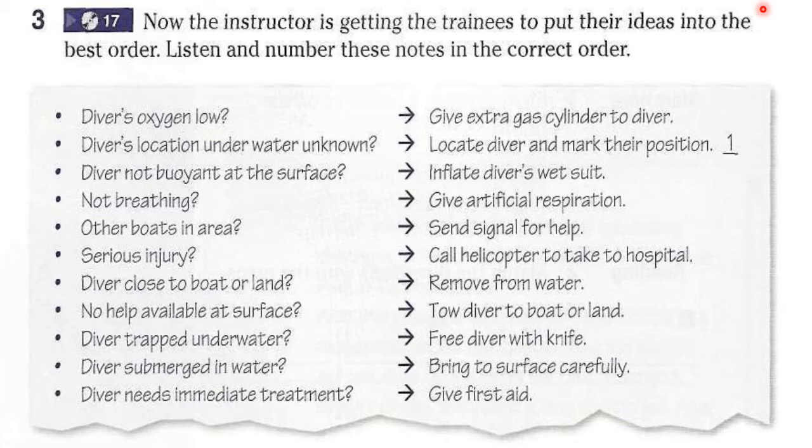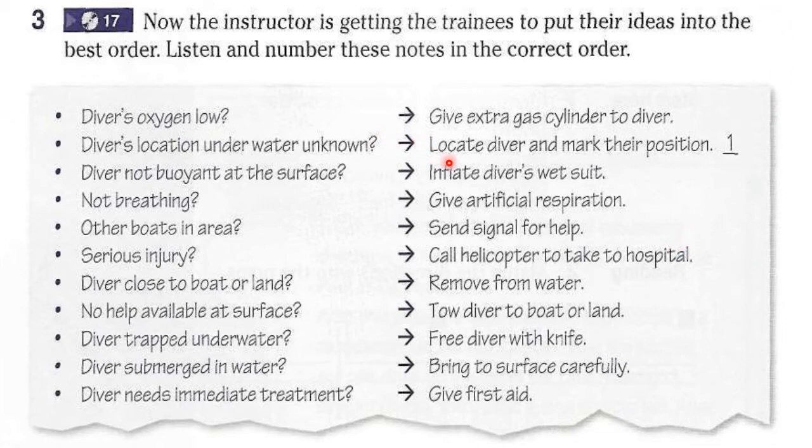Okay, now let's look at all the ideas in this spidergram and put them in the best order, the best sequence of events. So let's start at the beginning. What if we don't know exactly where the diver is? If his location underwater is unknown, what should we do first?